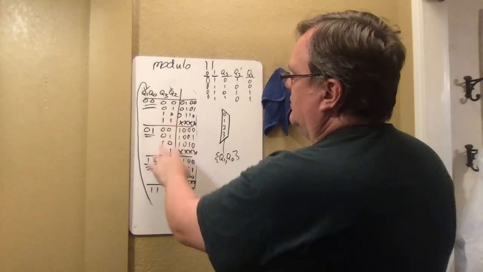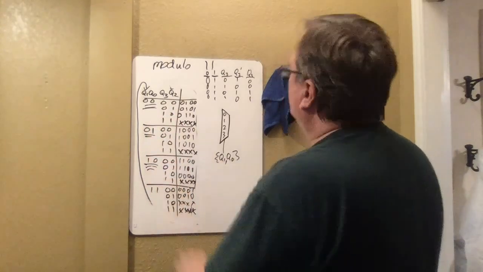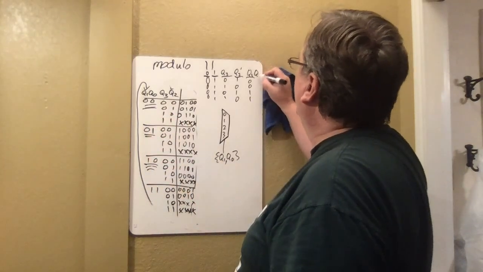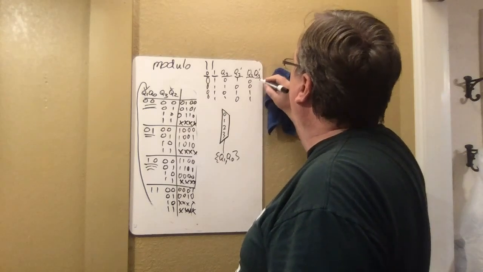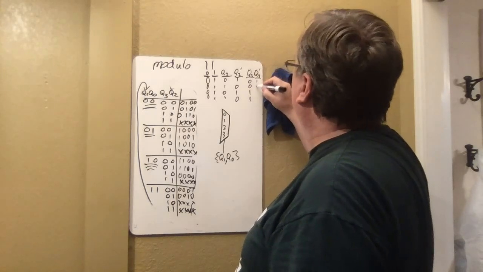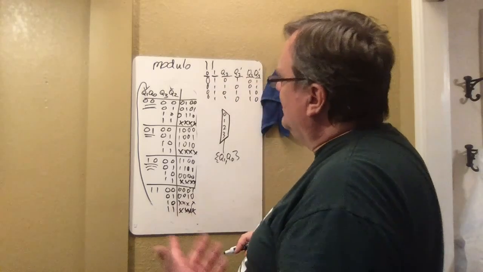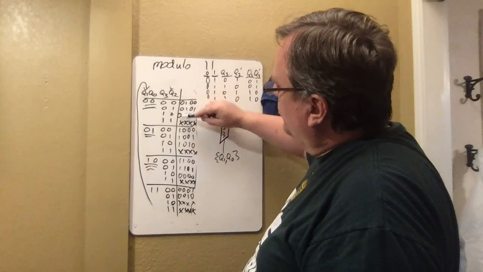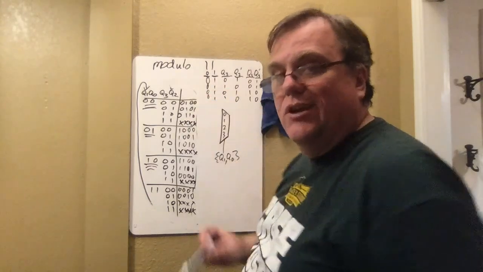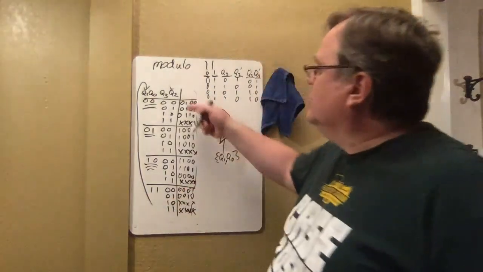Notice both of those have the same pattern in each section. And I can also have Q3 prime, which is 1, 1, 0, 0. Now we have 6 possibilities. Now technically speaking, I've got 3 different variable spots, so there's 8 potential patterns that could happen.